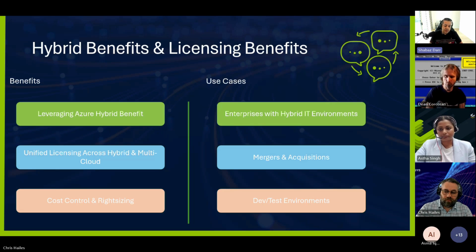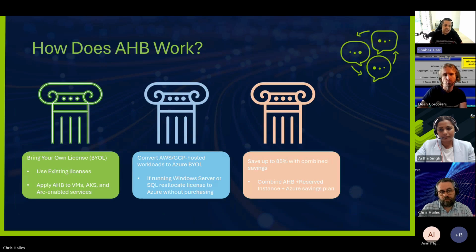Because as I mentioned, when you've got AWS and things like that, the licensing costs tend to be more with Windows Server licensing and SQL licensing, and being able to extend the benefits you get from Azure on premises is a massive cost saving, because licensing is expensive, right? SQL licensing, depending on what you've got, per core or per server, can be really expensive.